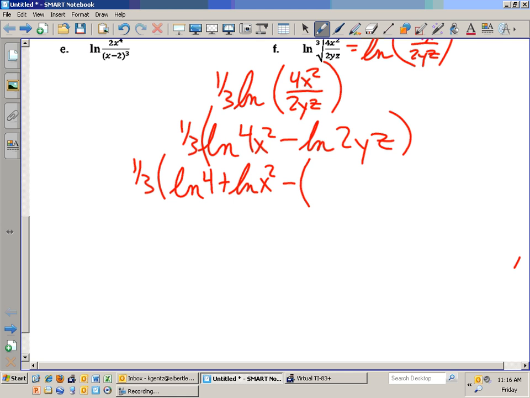So I'm going to put another parenthesis there. How do I separate natural log of 2yz? There we go.